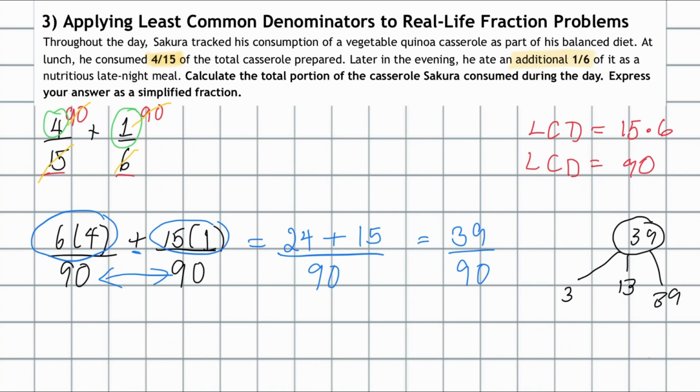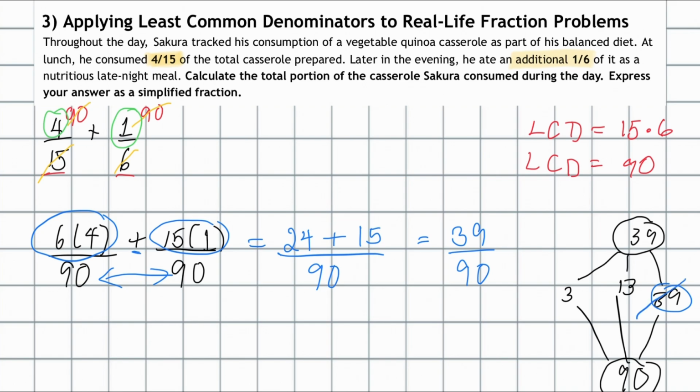And on the other hand, we have 90. So we need to see, out of these numbers that divide 39, which one also divides 90. So I'm going to start with the largest value, which is 39. Let's say 90 divided by 39. That doesn't work. That gives me a fraction.